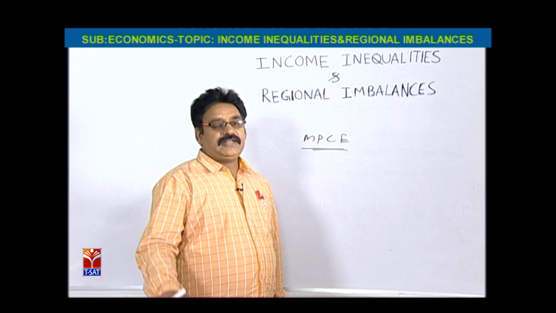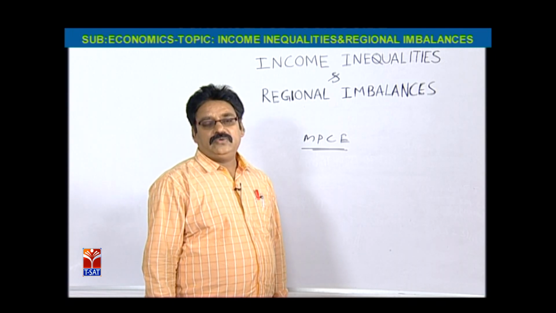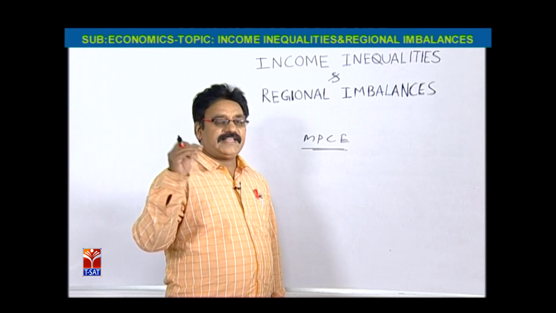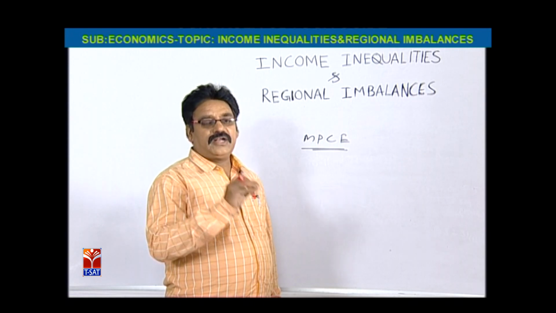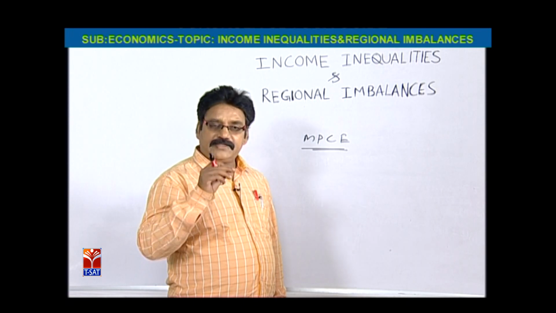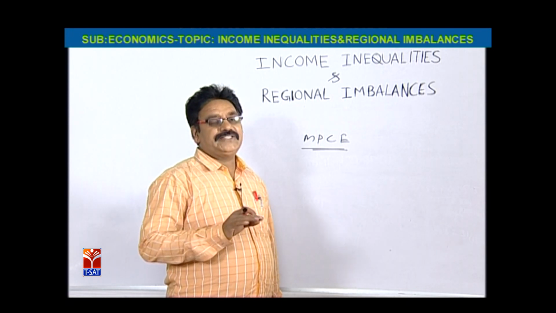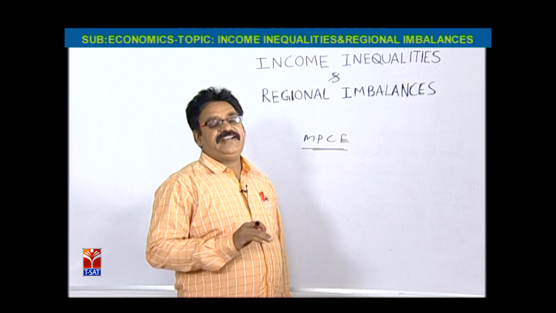The development increases the value of assets also, and in this way they can increase their income levels. The people living on the rural side can't increase their incomes at that pace.